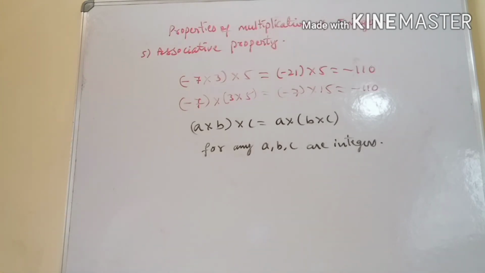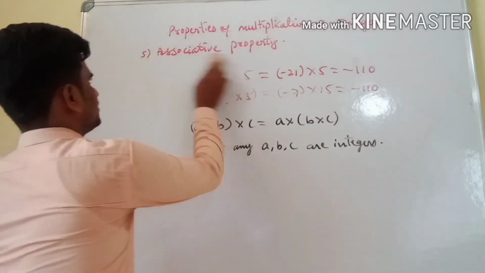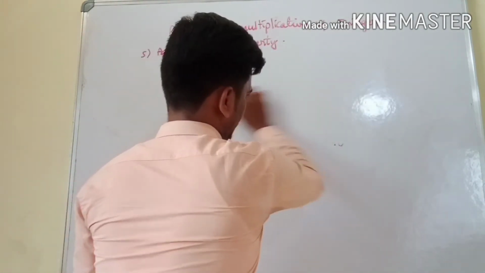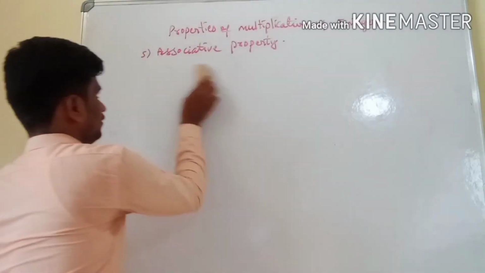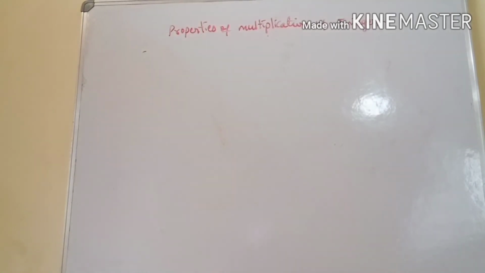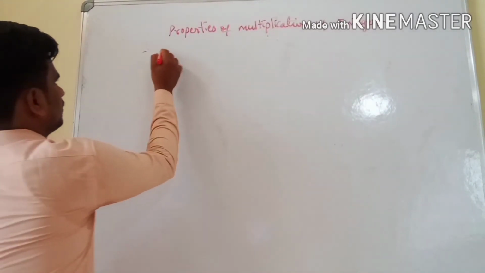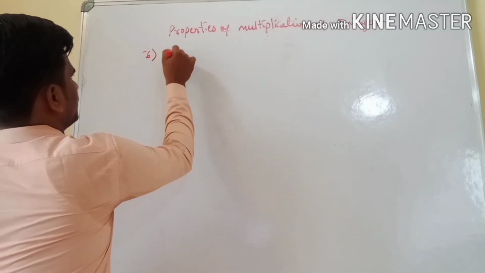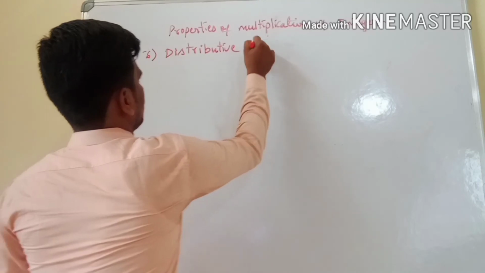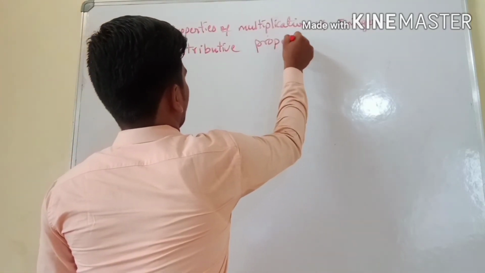The last one, distributive property. What does this distributive property say? This is also a very important property.